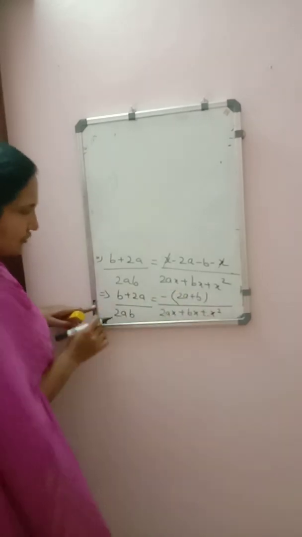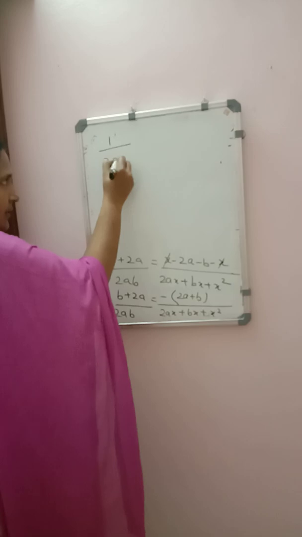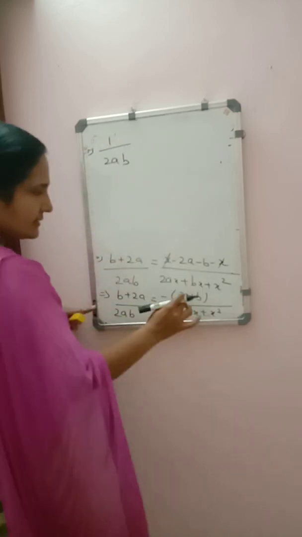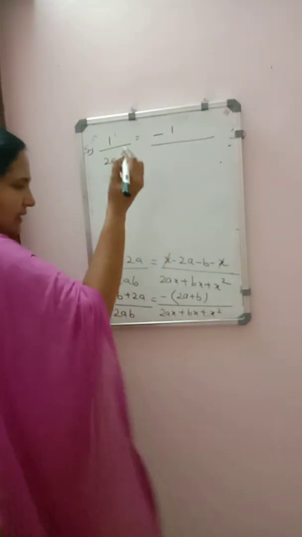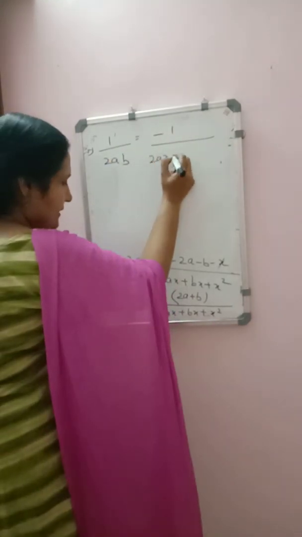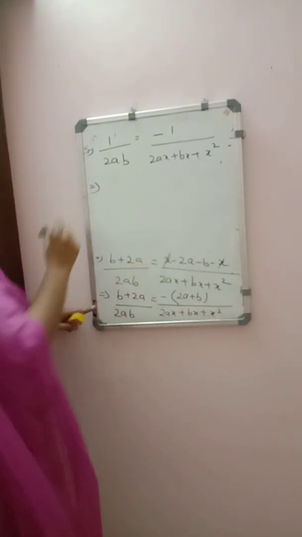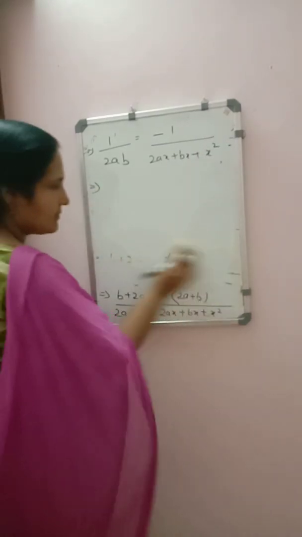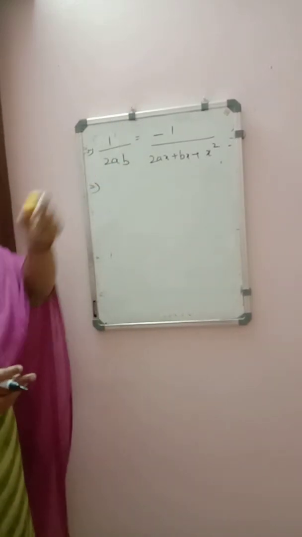So cancelled these two, in the left hand side remaining will be 1 by 2ab, and in the right hand side this expression cancelled, minus sign is remaining. So minus 1 by 2ax plus bx plus x square. Now we will do cross multiplication.